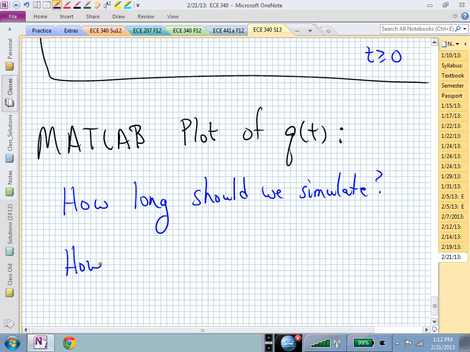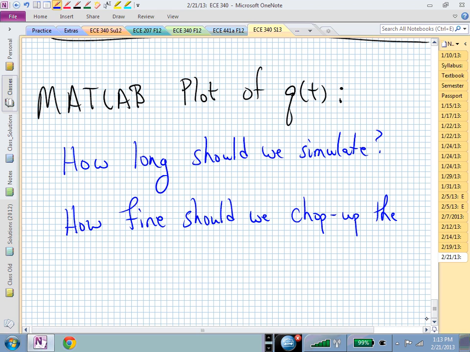And the second question is, we don't want to miss anything. If something's bouncing up and down rapidly, or if it's decaying really quick, we want to capture that in our plot. We don't want to step over anything, meaning how fine should we chop up the time axis.